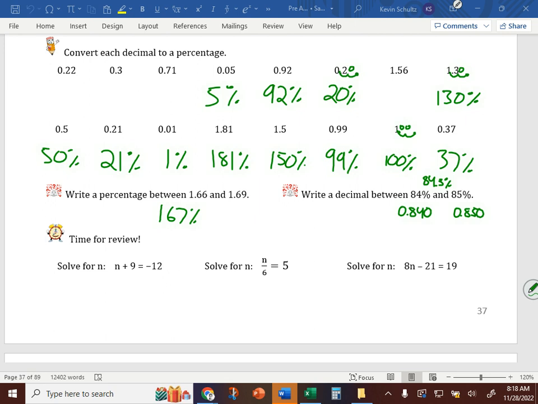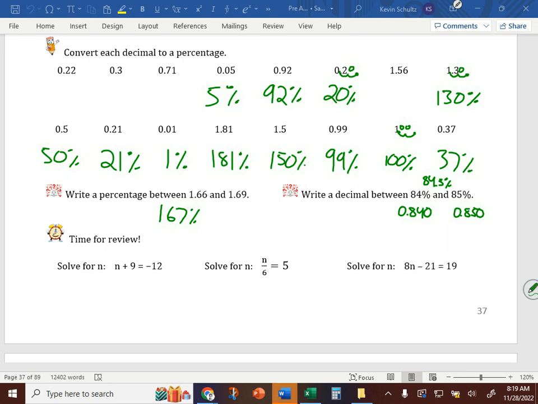Such as what? You can, Josie. So 0.8400 would be the same thing as 0.840, right? Because we're just adding zeros on to it. Kira?